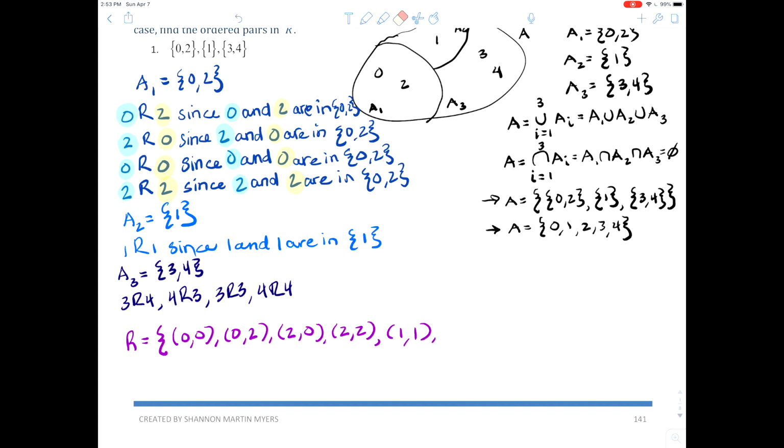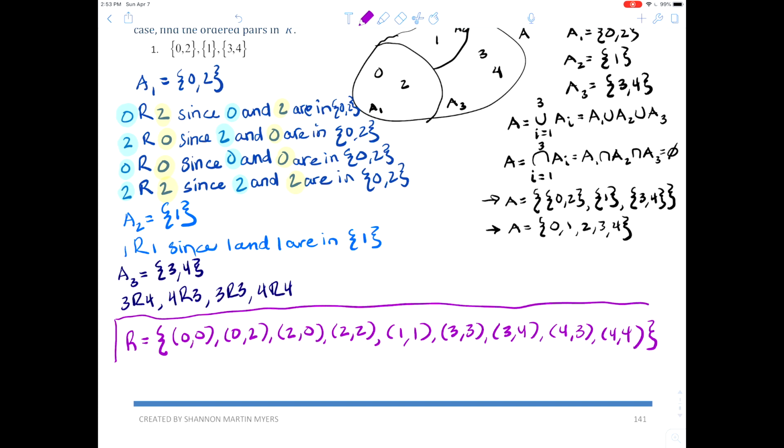Actually, I was kind of doing them in somewhat of an order. It doesn't matter. It's a set, so it doesn't matter. Let's see. You would have (3, 3), (3, 4), (4, 3), and (4, 4). Cool, cool. So that is our relation set.